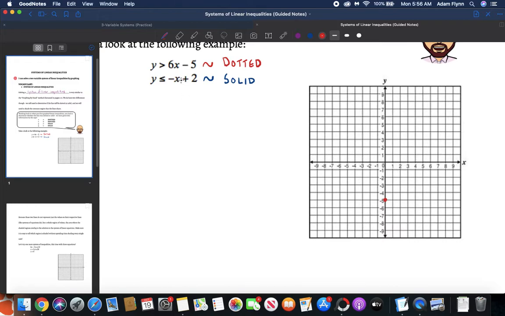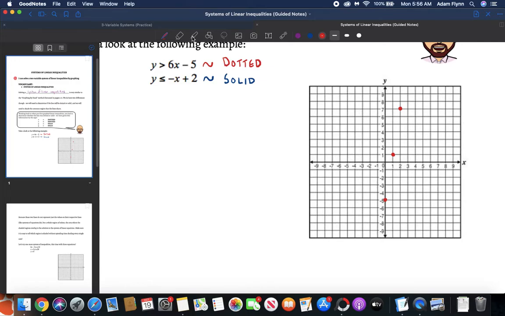And then my slope is 6. To turn that into a fraction, I can put a 1 underneath, so it's 6 over 1. That means from here, I can go up 6 and to the right 1. Up 6, more to the right 1. We could also go down 6 and to the left 1, but my graph only spans from negative 10 to positive 10, so I'm going to be off the graph for that.